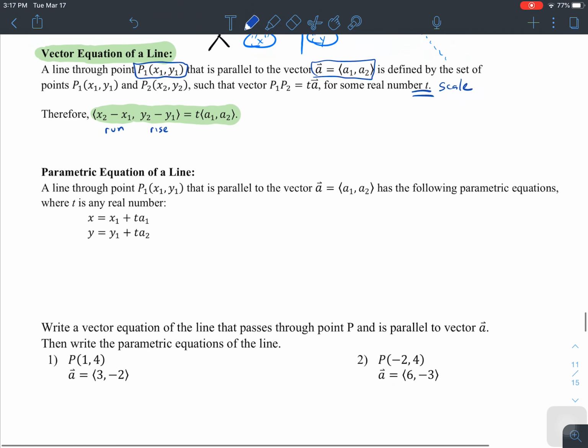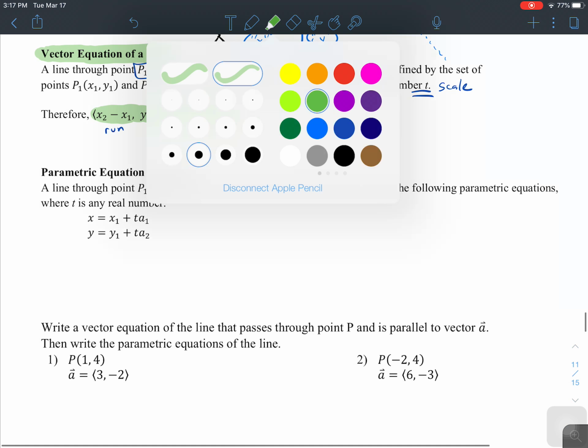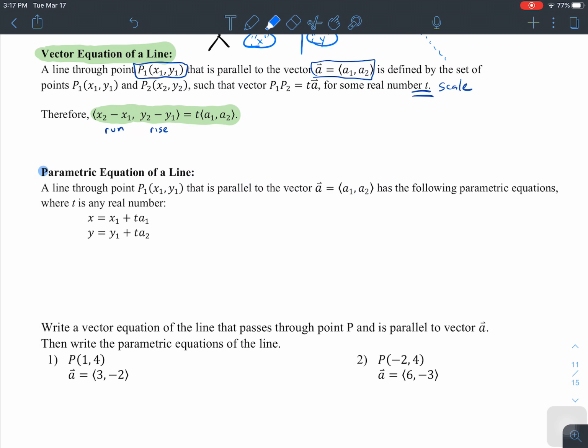The next part is a parametric equation. And again, to be consistent, let's use blue, and I'll use blue on the bottom for this as well. So parametric equation, if I look at it, I can see right away something very interesting. It's really parametric equations. It's plural. Notice that parametric equations are two equations.